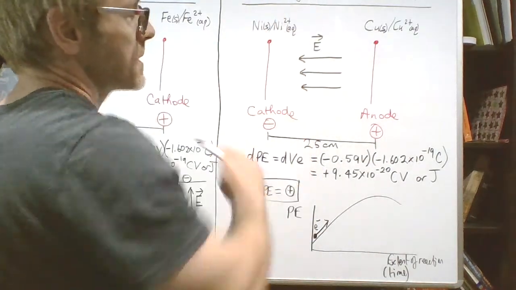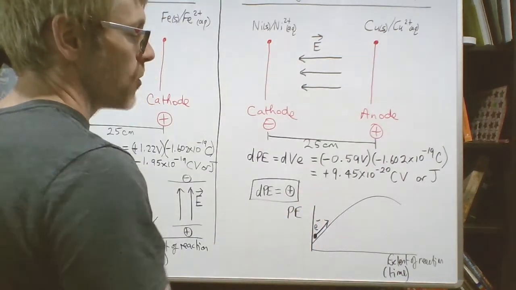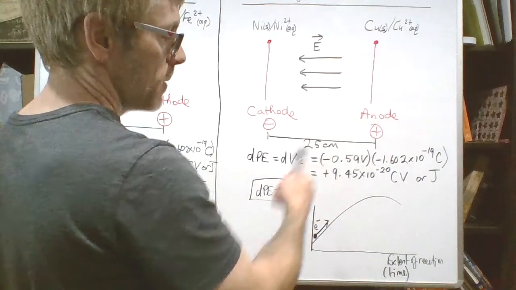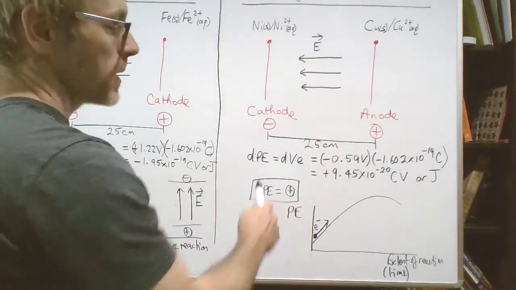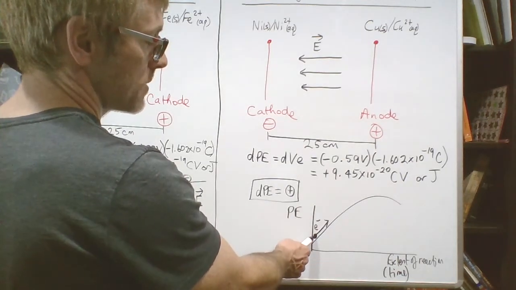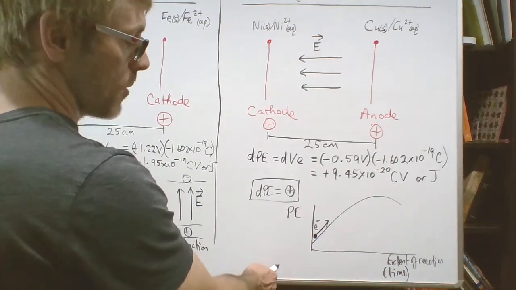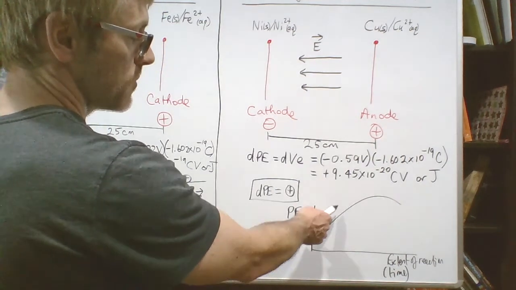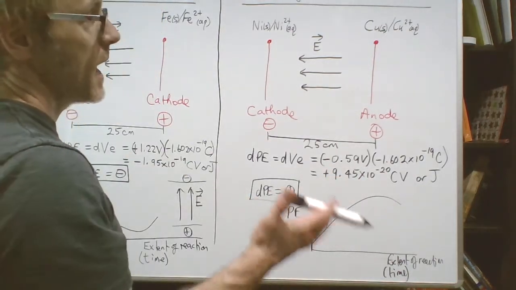So electrolytic cells require somebody to go in and supply a force to overcome the natural force keeping the electron where it is. Essentially there's a positive change in potential energy pushing it that way, and a negative change in potential energy going the opposite direction.